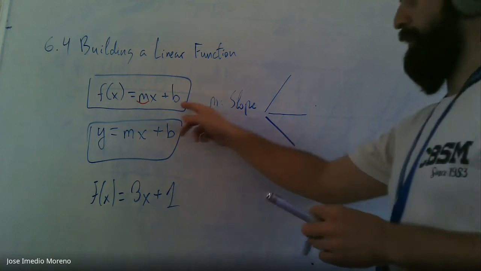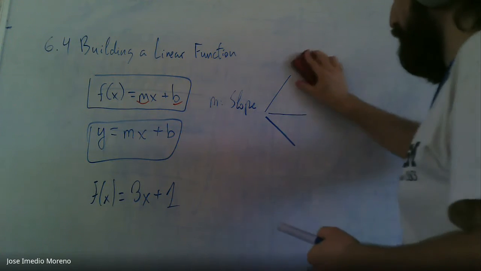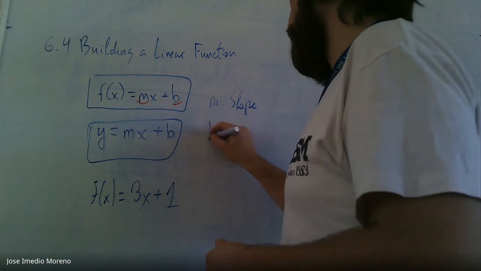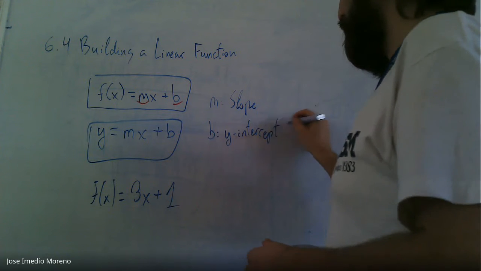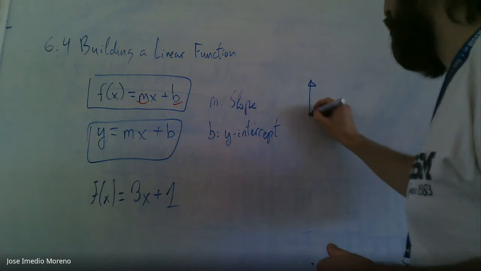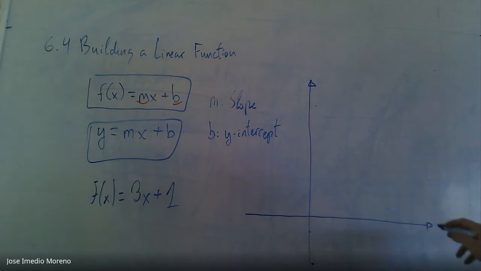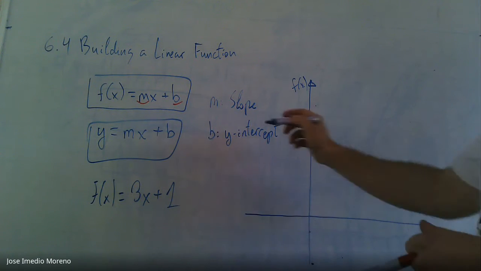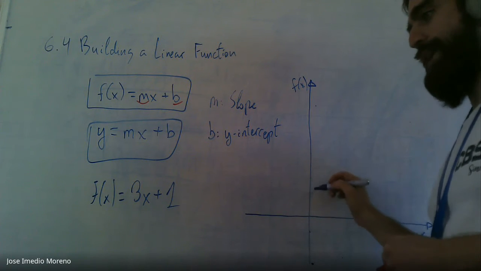And b is what we call the y-intercept. What does that mean? Y-intercept means that it's the point x, f of x, or y, where the function crosses the y-axis.